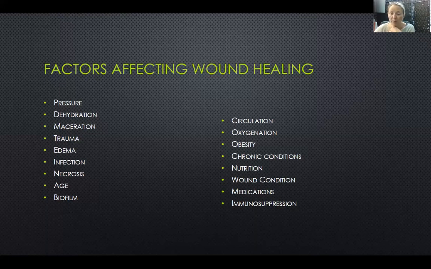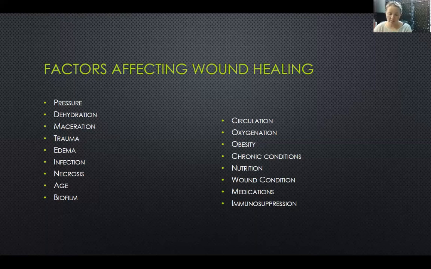Overall nutrition, remember we talked about you need the calories and protein to rebuild cells and tissue. Vitamin A or C are important for building collagen. Zinc helps to make cells as well, helps with healing. The wound condition. So is it large? Is it small? Is it infected? So things like that.